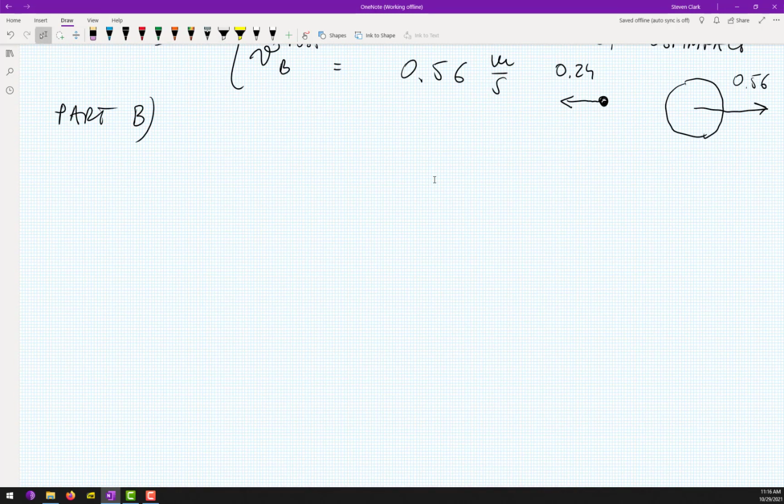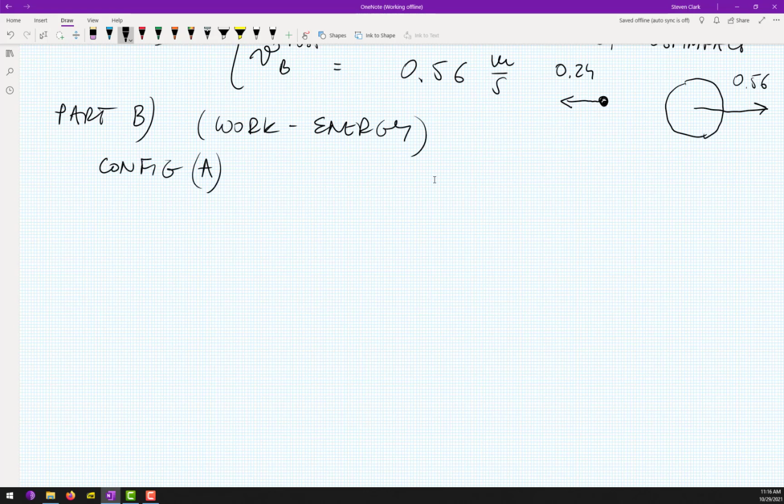So we'll have work energy method this time. Work energy. So let's do configuration A and configuration B. So I believe that we'll have ground in here and also here.